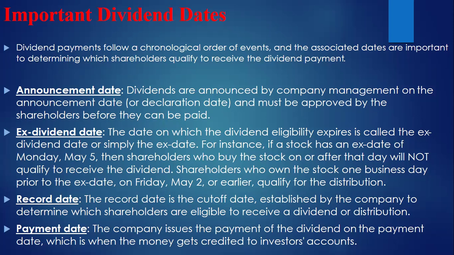The record date is 2 days prior to distributing the money, and it's also a cut-off date. They record who's eligible and who's not on that day. However, it has nothing to do with actually receiving your dividends at that moment.